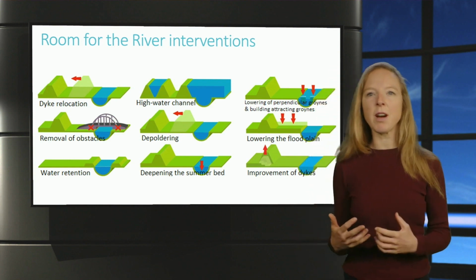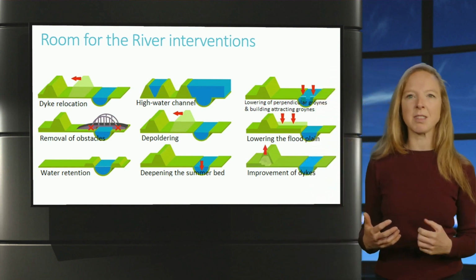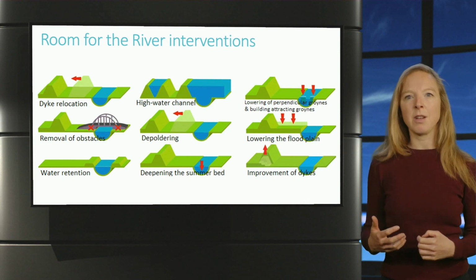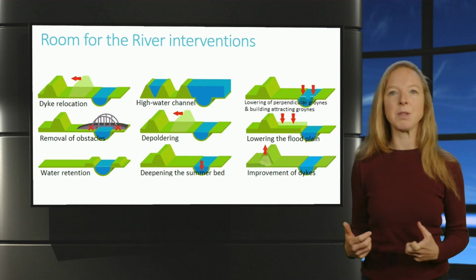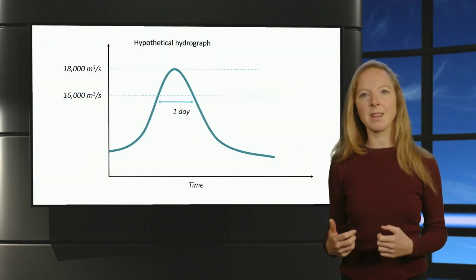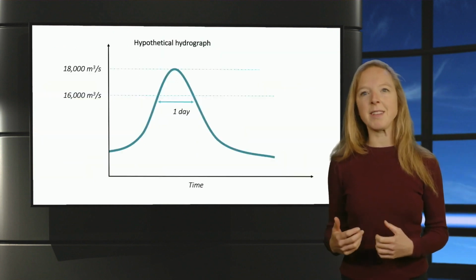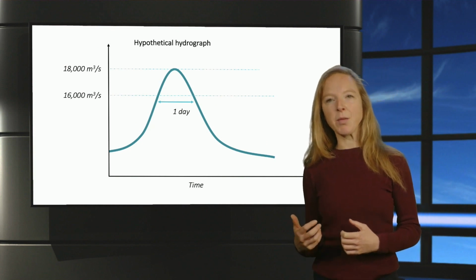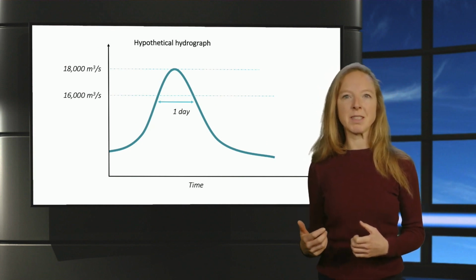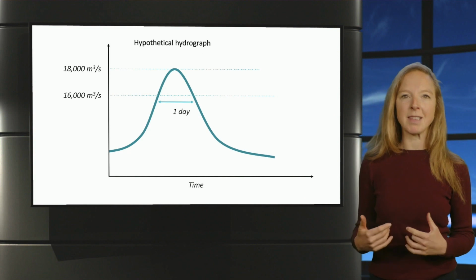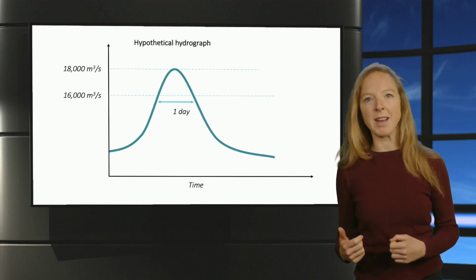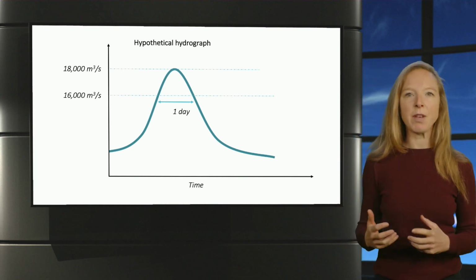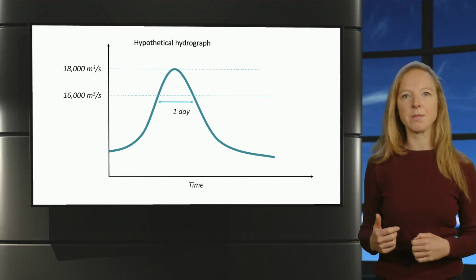Yet how effective are retention areas for extreme discharge events? For the typical flood waves in rivers such as the Rhine River, a lot of storage is needed. Let's have a look at this hypothetical example with a flood wave of 80,000 cubic meters a second in a river with a capacity of 16,000 cubic meters a second with a duration of 1 day. These figures are roughly based on the Rhine River.